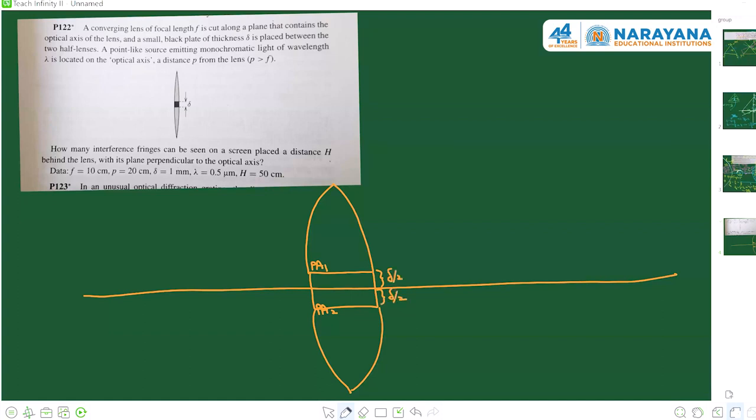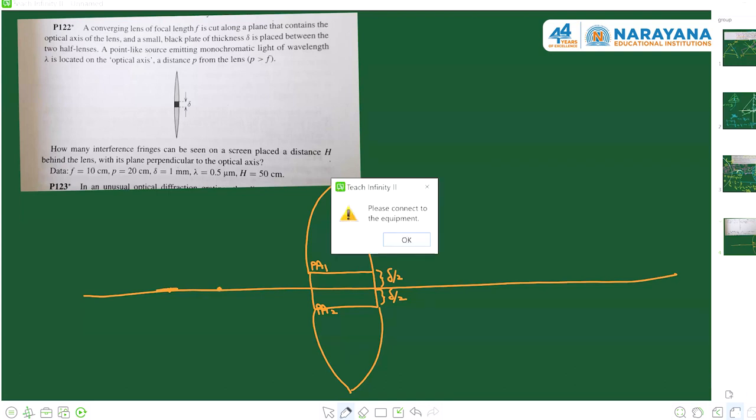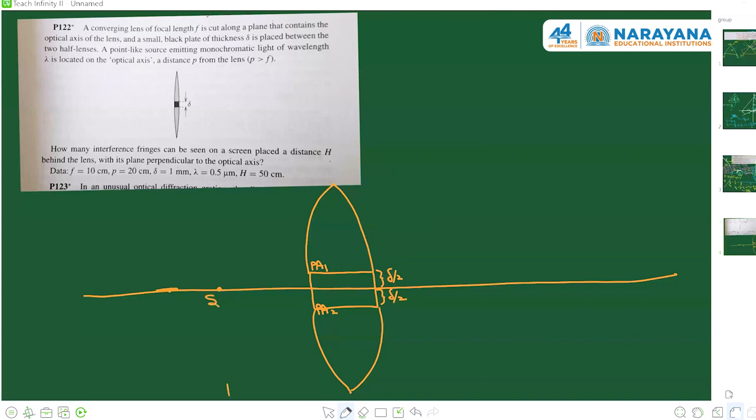I have got a source here, right? And just to make the ray diagram more practical, maybe I'll show it somewhere close. So there is a point source S, which is located at such a distance, and that distance here is P, and P is greater than f. And these are the two lenses for me now.